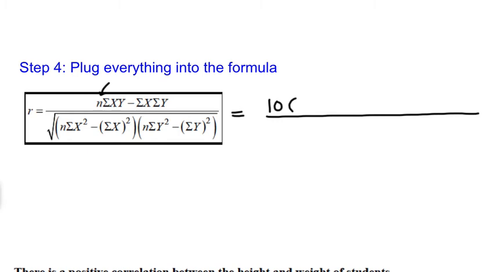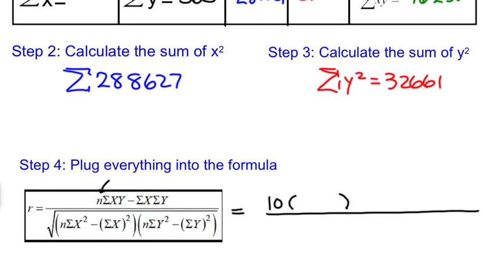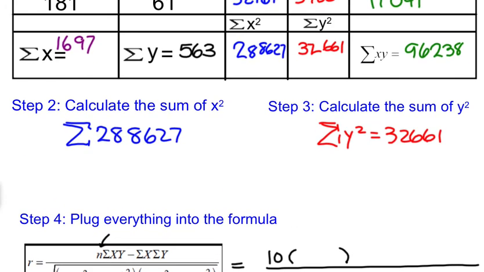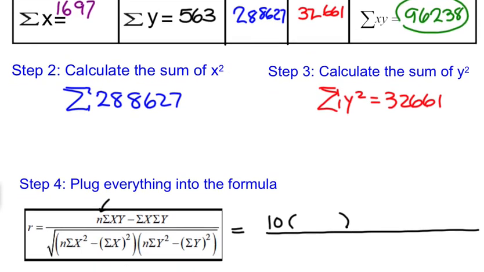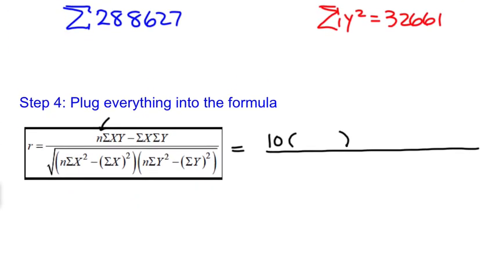Then we're going to multiply it by your sum of x times y, which is right up here in the green. So 96,238, minus, and now we're going to multiply the sum of x and the sum of y.